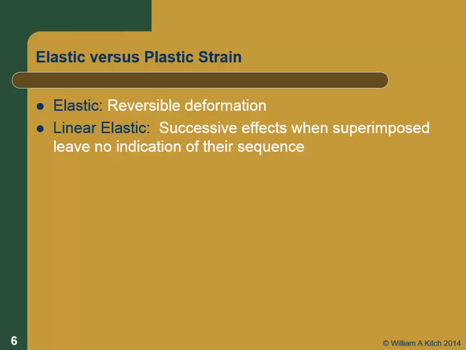I got that direct out of an engineering mechanics text. But it means basically you can change the order in which you do things and still end up at the same point. Doesn't matter which one you do first, you always end up in the same place. We'll look at a picture of it in just a second. And plastic strain is irreversible deformation, or deformation you don't recover when you unload.